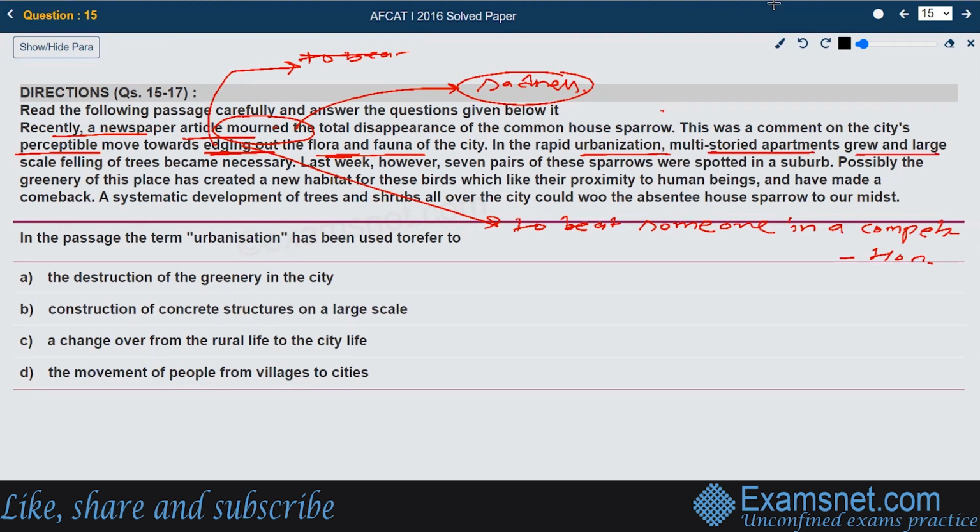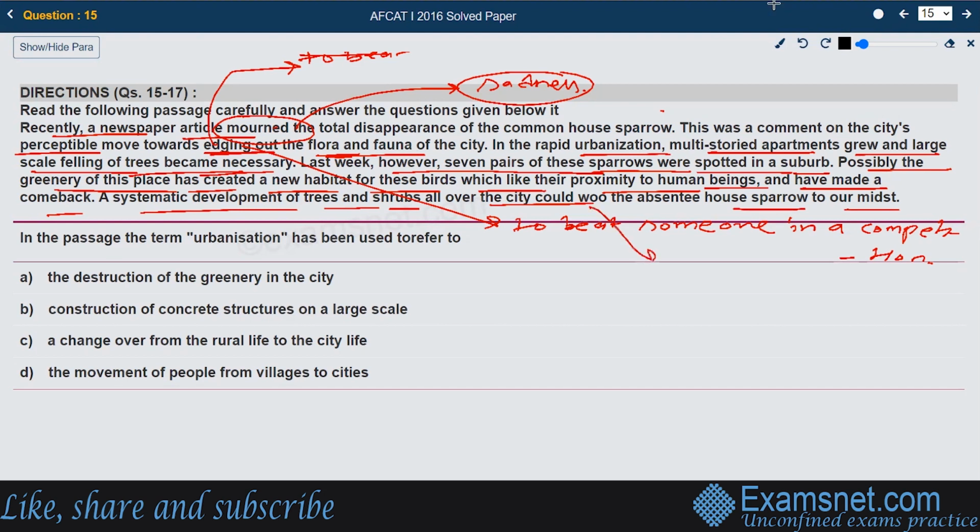Multi-storied apartments grew and large-scale felling of trees became necessary. Last week, however, 7 pairs of these sparrows were spotted in a suburb. Possibly the greenery of this place has created a new habitat for these birds, which like their proximity to human beings and have made a comeback. A systematic development of trees and shrubs all over the city could woo the absentee house sparrow to our midst.